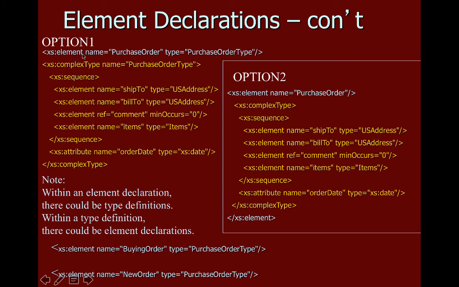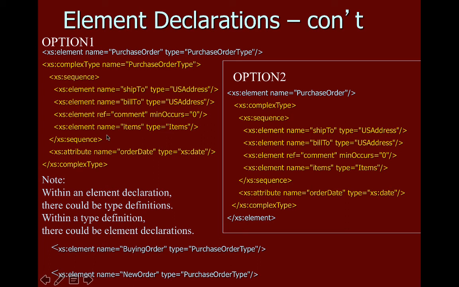And within an element declaration, you can have the type of the element, which means that you define a type here. So when you talk about types, we say type definition, we don't say type declaration. So within an element declaration, such as purchase order, we have a type definition, which is here.